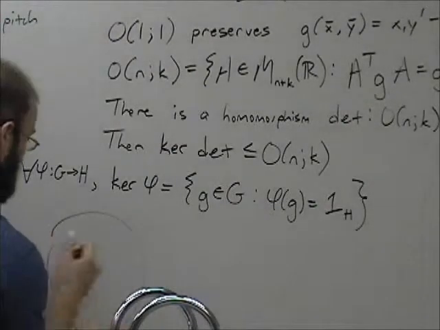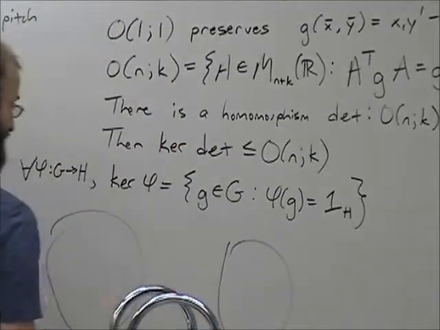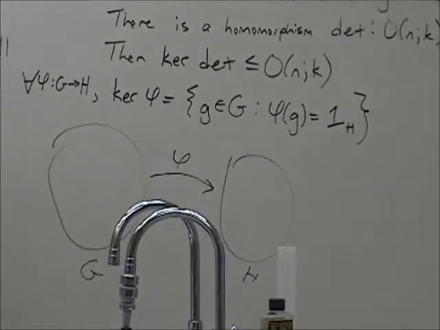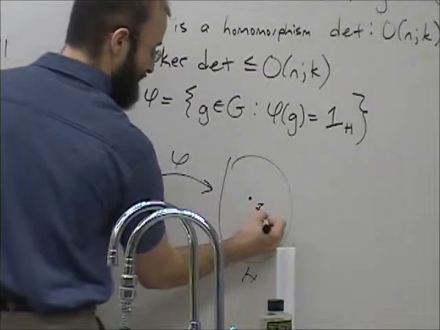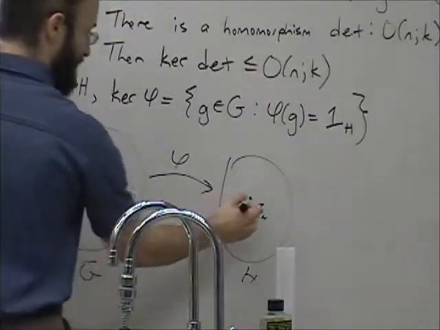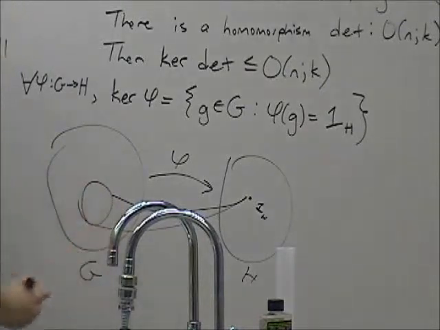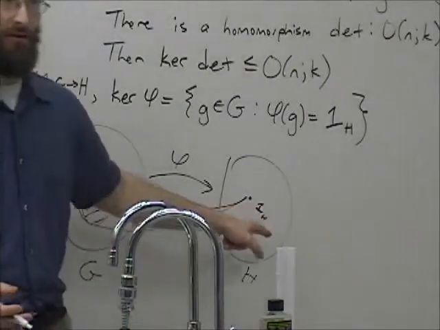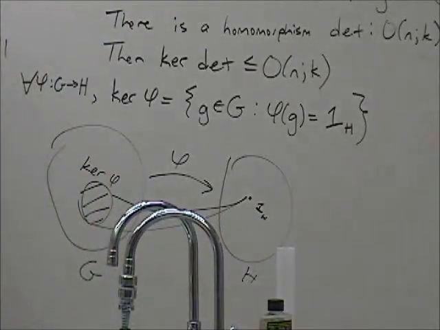So you've got G over here, you've got H over here, and there's some phi that goes from there. There's an identity over here, 1 sub H, and everything that went to that is something over here. All these guys got mapped to the 1. This is my kernel.